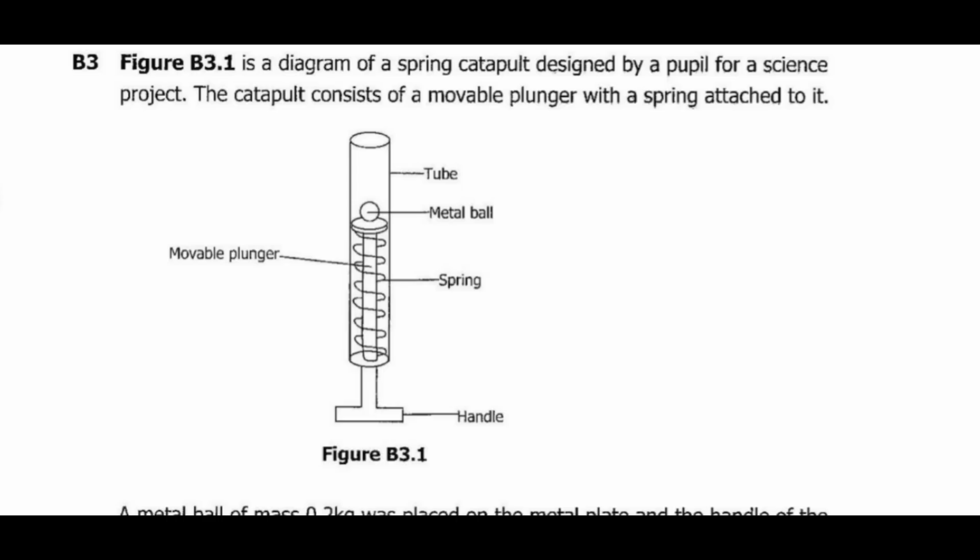So we have the ball here, then the movable plunger, this one, then the spring. So the whole thing is you just have to push this down. Then as you are pushing, the spring will be compressed. Then if you let it go freely, this spring will force the ball to move up.